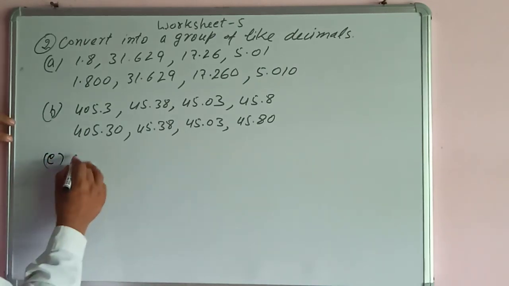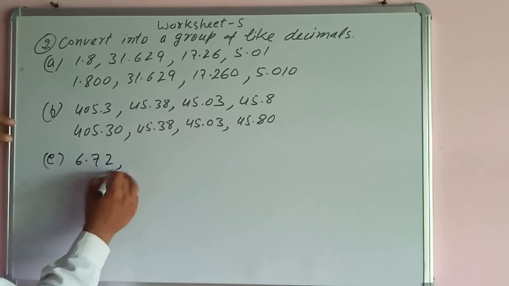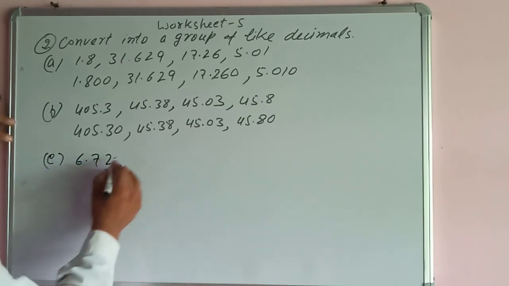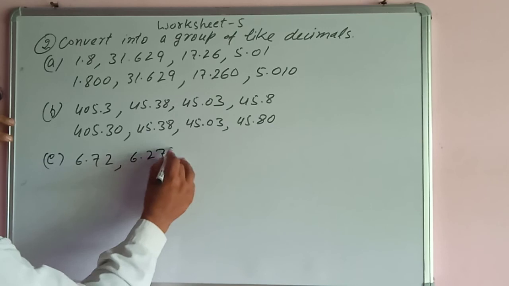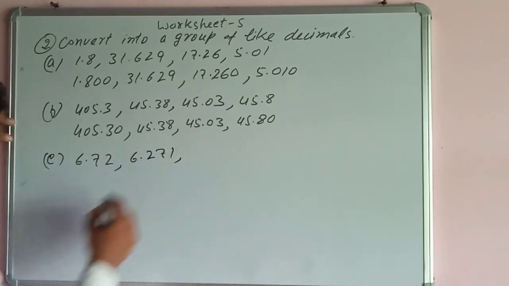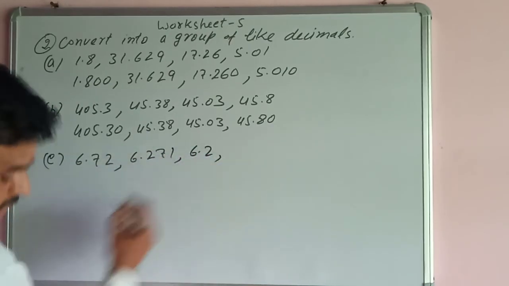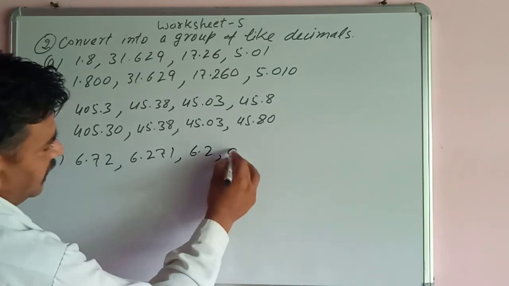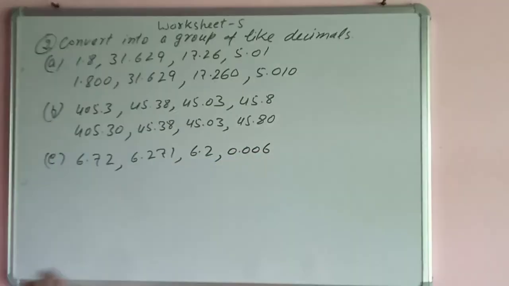It is 6.72, then 6.271, 6.2, and then 0.006.